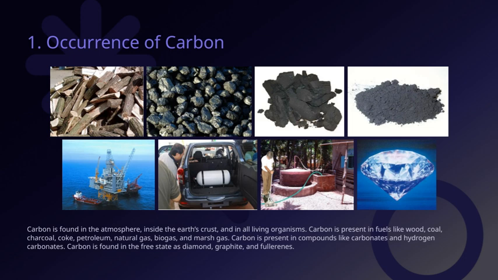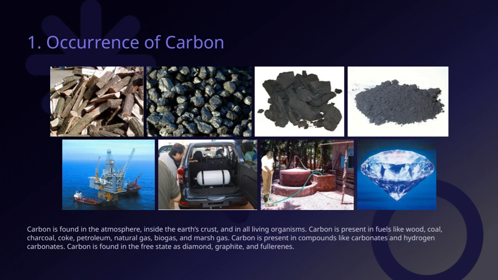When we look at fuels, carbon is present in many common sources like wood, coal, charcoal, coke, petroleum, natural gas, biogas, and marsh gas. These fuels are essentially carbon-rich, which is why they're so important for energy production. Furthermore, carbon occurs in various compounds, including carbonates and hydrogen carbonates, which are important in geological and biological processes.